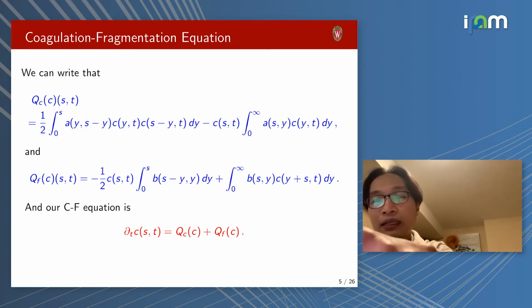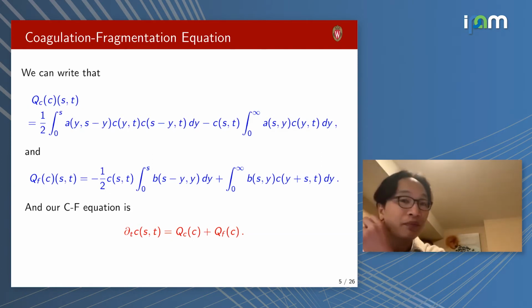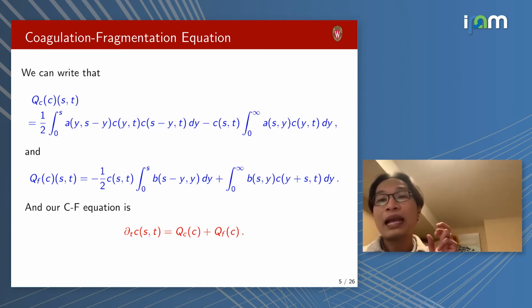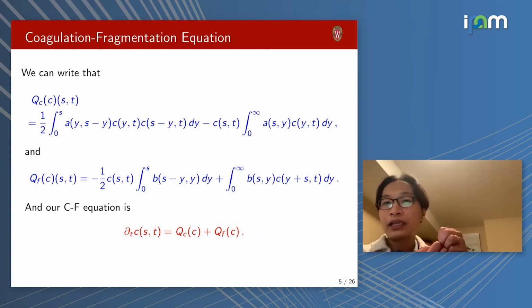I'm taking clusters of size Y multiplied with clusters of size S minus Y. And for that to happen, the rate of happening is A of Y comma S minus Y. So that gives me the first term, the integral from 0 to S of that term. And I have to multiply by 1/2 because I'm double counting, right? Y and S minus Y are being double counted. So I take 1/2 of that. So that's what I get by having clouds of smaller size combine together to create clouds of size S.